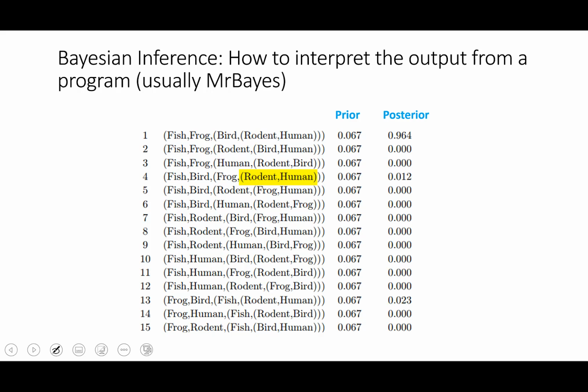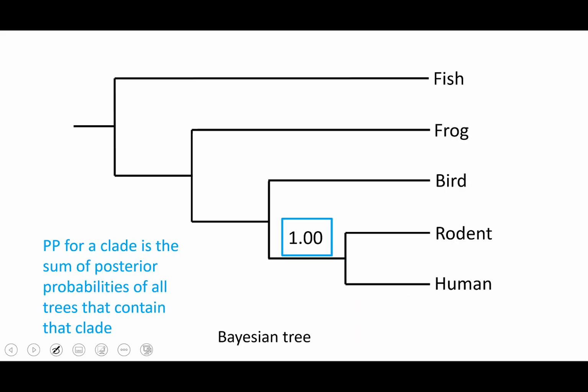And same with tree number 13. If you add up those posterior probability values, you end up with a 1. So if we go back to our tree, the rodent-human clade amongst all of the trees that were sampled, all of the possible tree topologies, that ends up being a 1. Rodent and humans have a support value or a Bayesian posterior probability value of a 1.